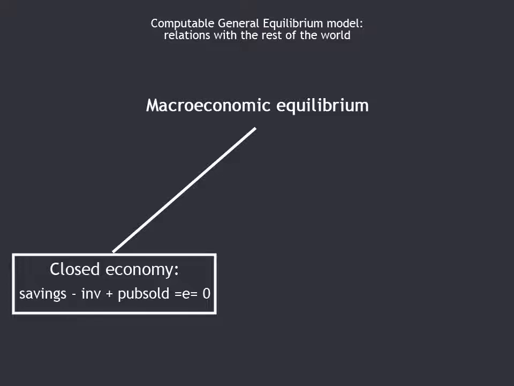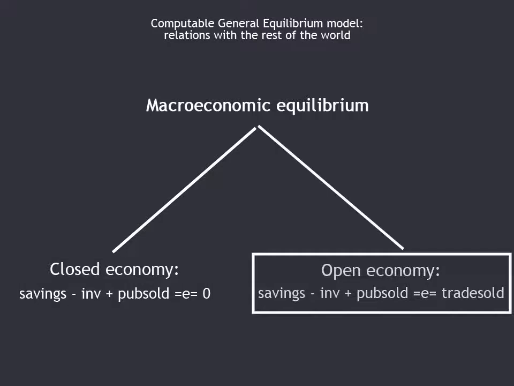And so in the model, it was savings by households minus investment by firms in the model plus public sold, which is either a deficit or a surplus by public administration. And so in an open economy, it's different, because this macroeconomic equilibrium becomes savings minus investment plus public sold must be equal to the external account, the trade sold variable.